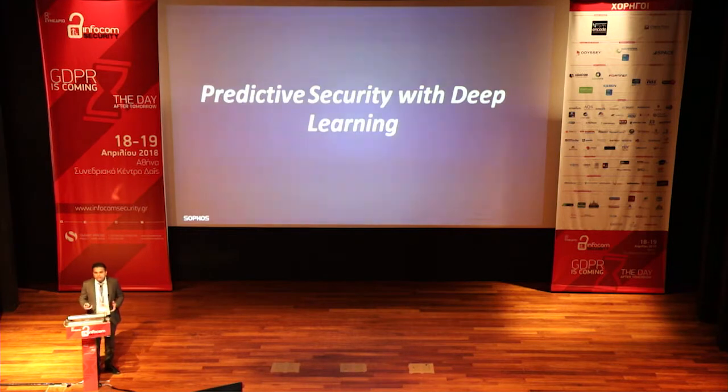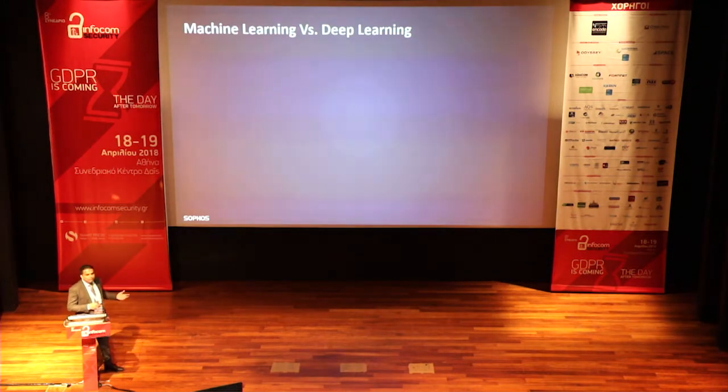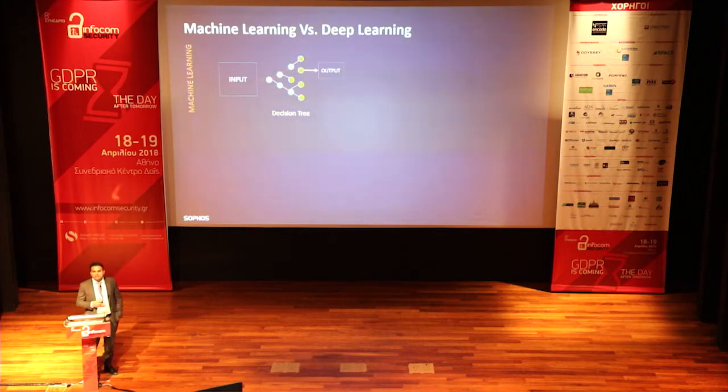So what we really need today is predictive security, and the technique we use at Sophos is deep learning. I'm going to explain the difference between machine learning and deep learning. Deep learning is an extension of machine learning. Primarily, machine learning had a method called decision tree.